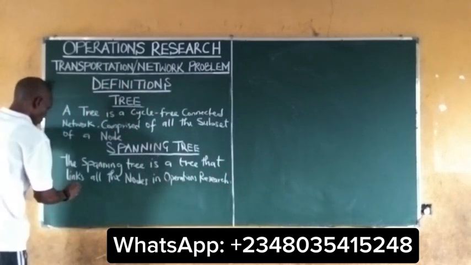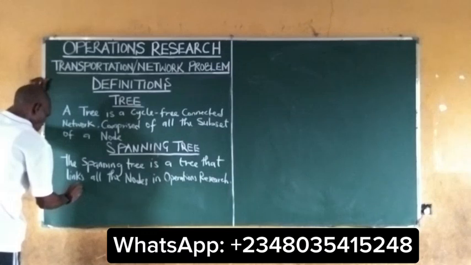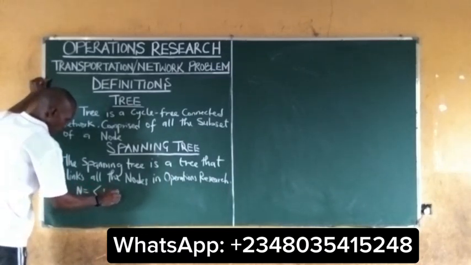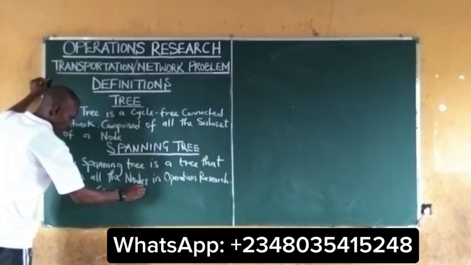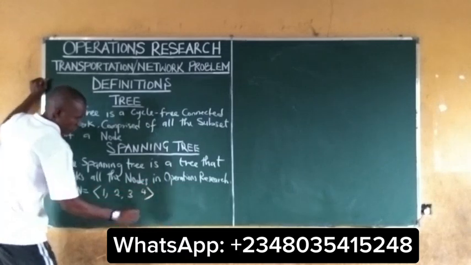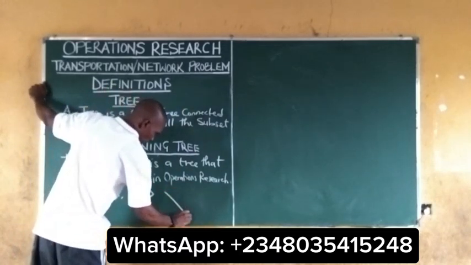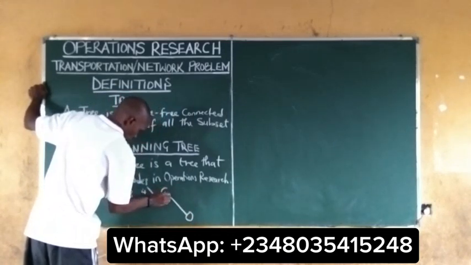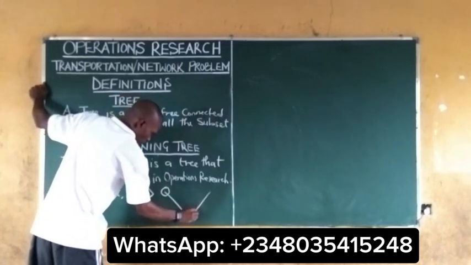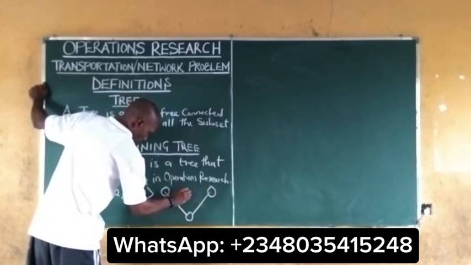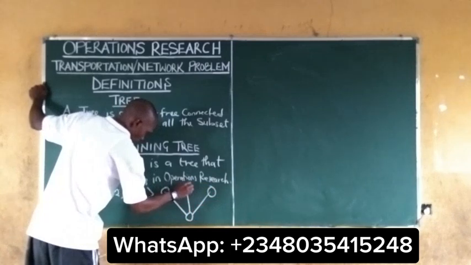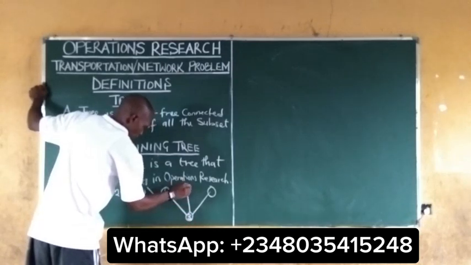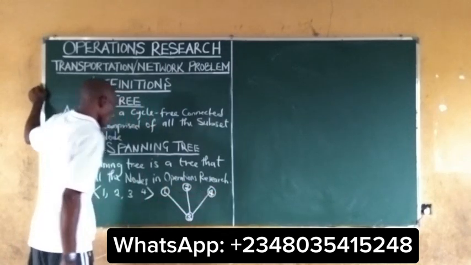For example, if we have our nodes to be equal to say 1, 2, 3, 4, we can as well have something like this: 1, 3, 2, and 4.